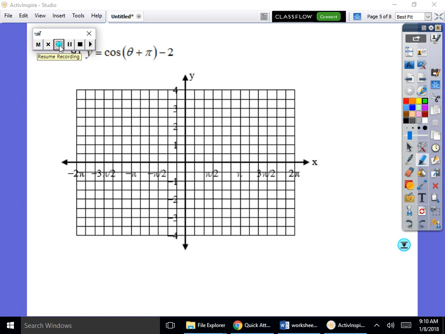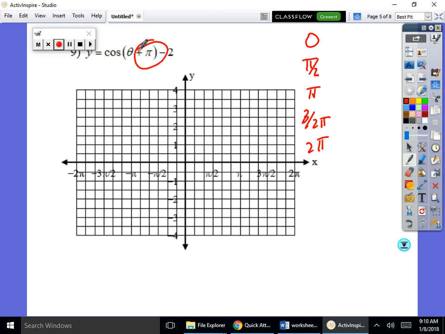All right, I'm going to show this one using both methods, and you need to find a method that works for you, okay? So the first method, I would need 3 columns. I start with my 0, pi over 2, pi, 3 halves pi, 2 pi, and I have to increase it by pi.